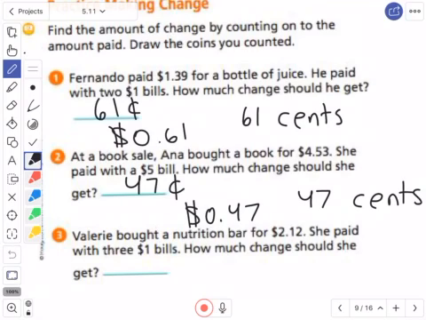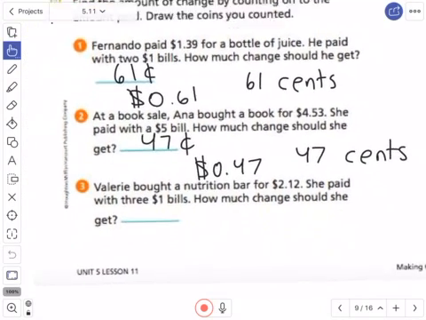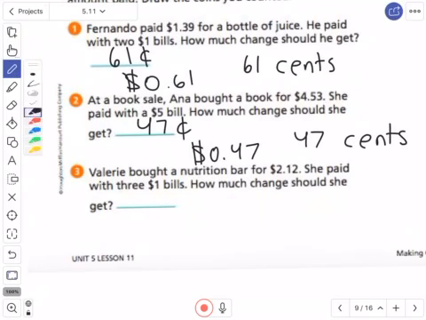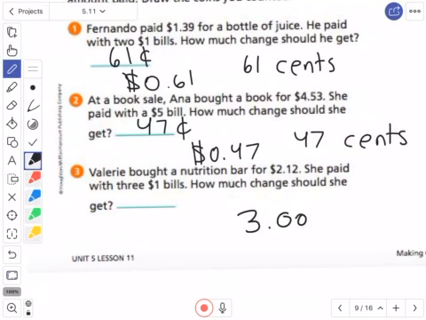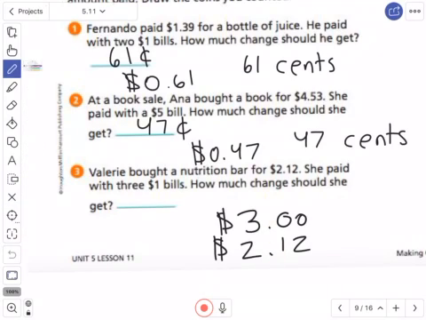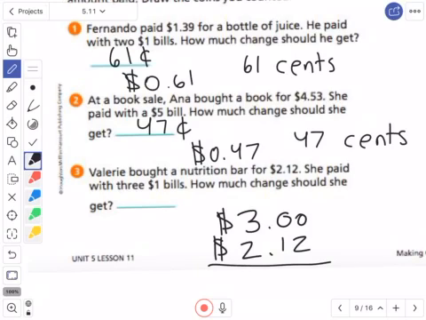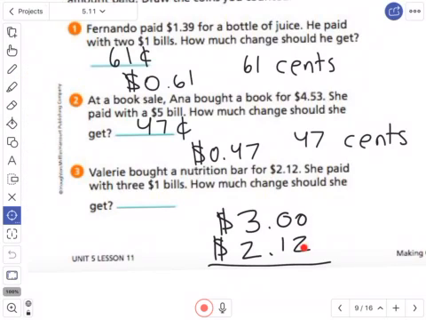And the last way, I'm going to do it like a subtraction problem. The nutrition bar, I have $3. Can put my dollar signs there. Cost $2.12. Just make sure those 2 decimal points are lined up, and I can do my subtraction. The 0 minus 2, I can't do that, so I'm going to just trade or borrow with that neighbor.